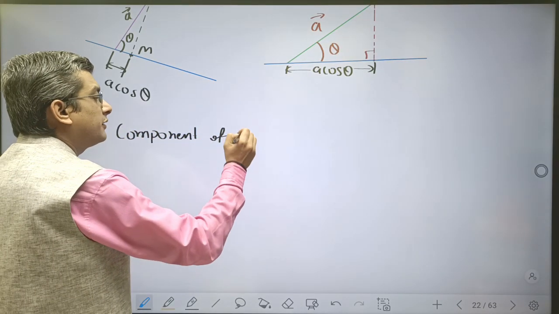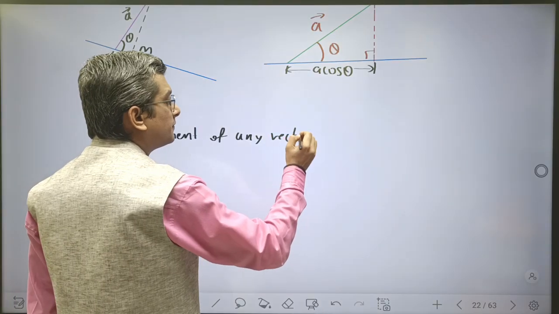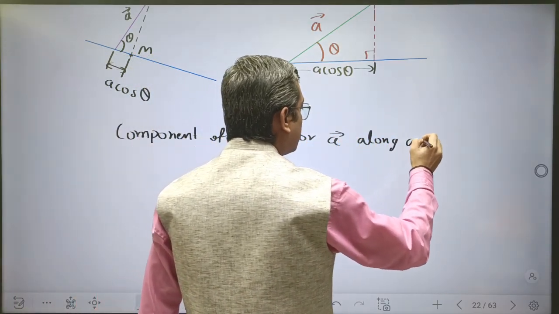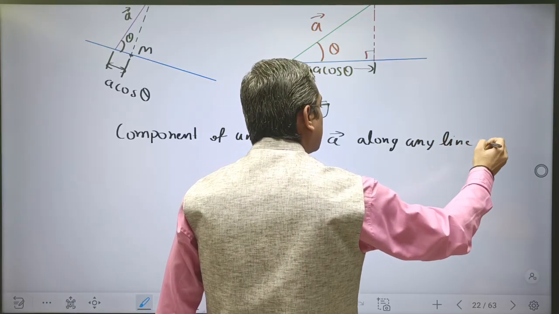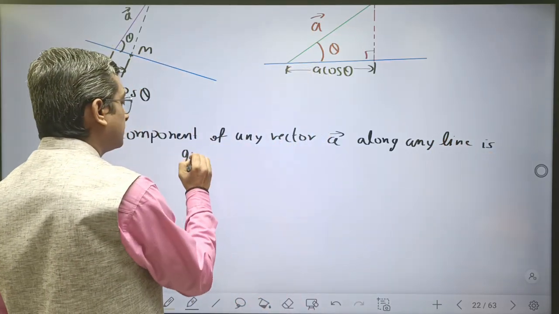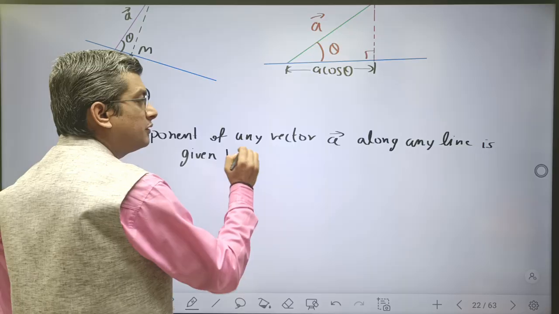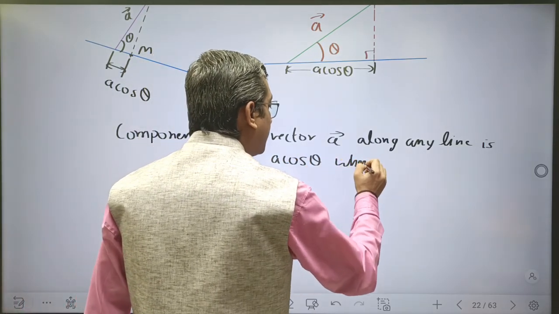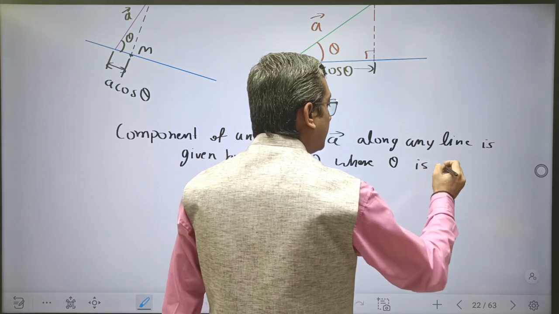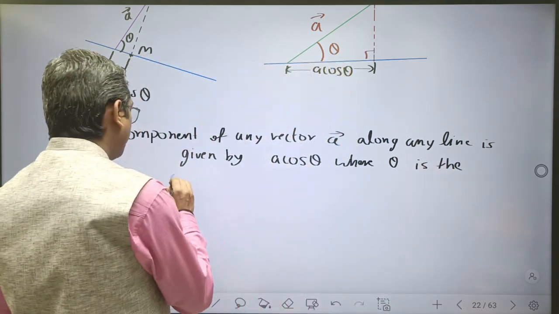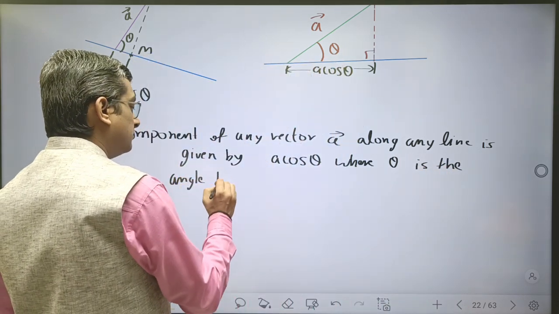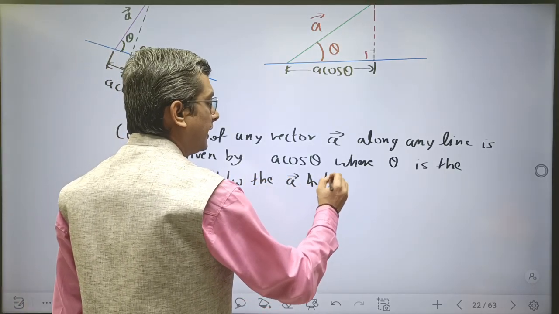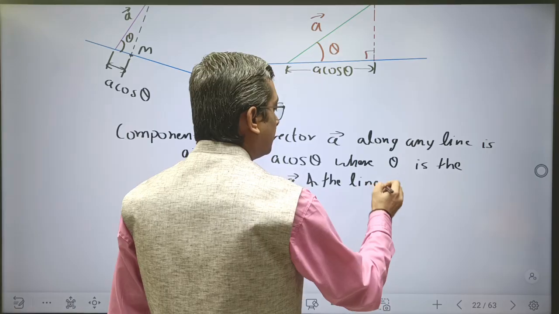Component of any vector A along any line is given by A cos theta, where theta is the angle between the vector A and the line.